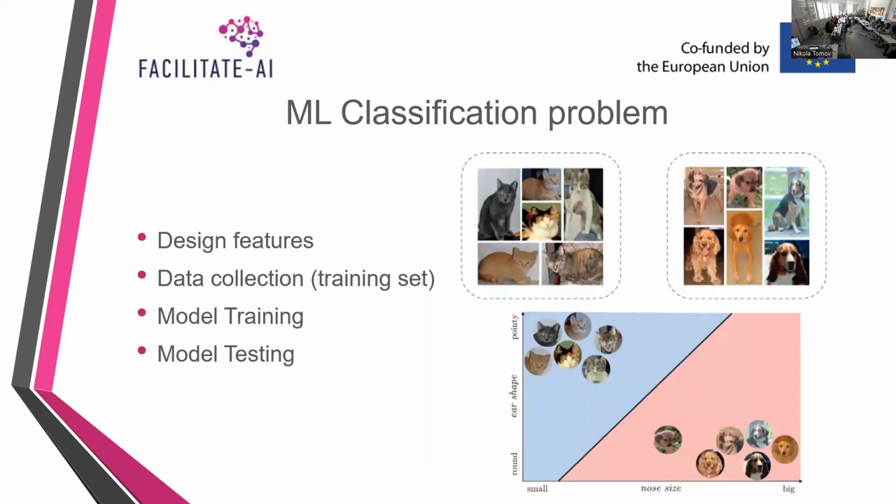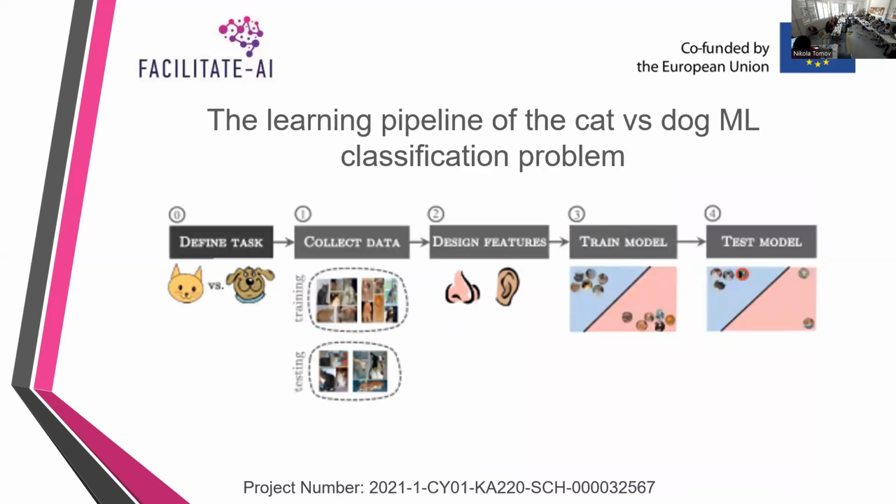This is the classical boring problem. Cat or a dog? How can you classify? There is a process to do it. So you have the data. You define the task. I want to classify cats from dogs. You collect the data. You design the features. What does feature mean, as we said before?